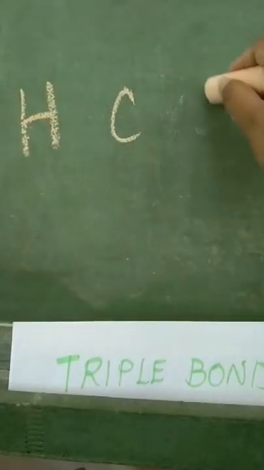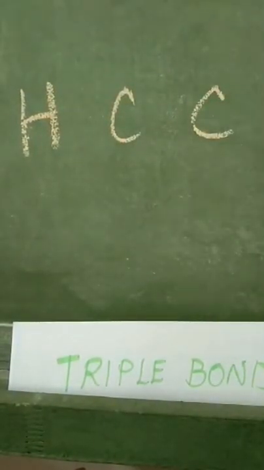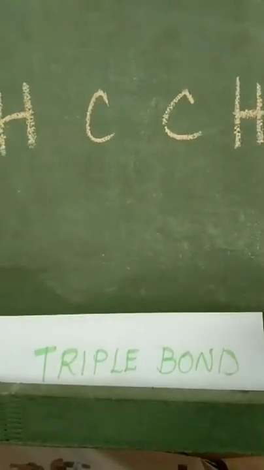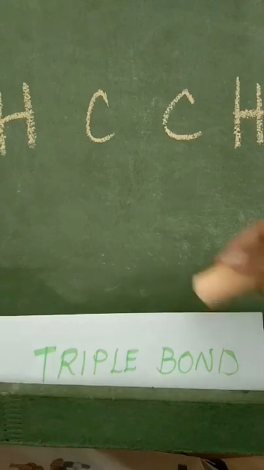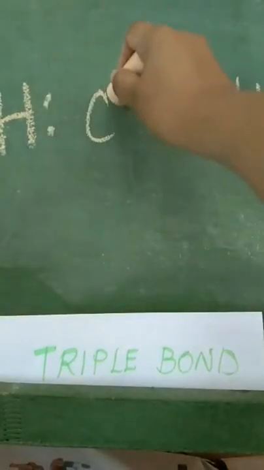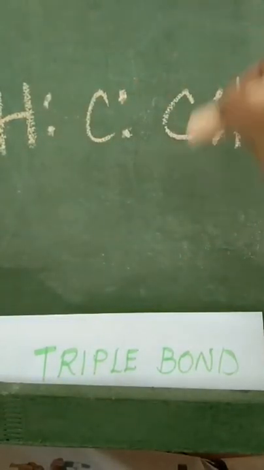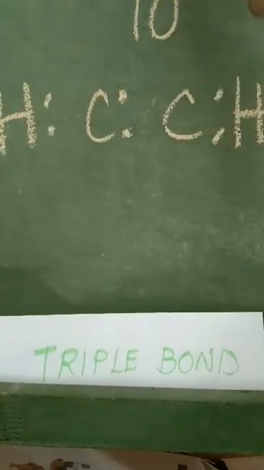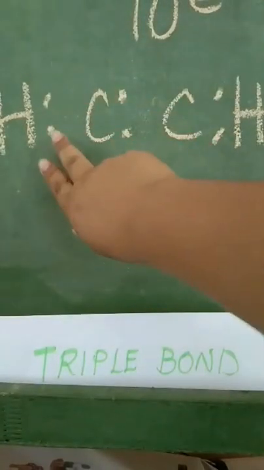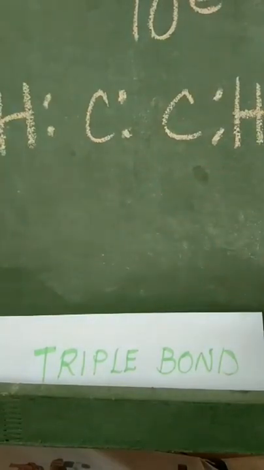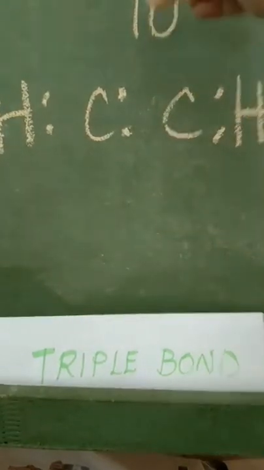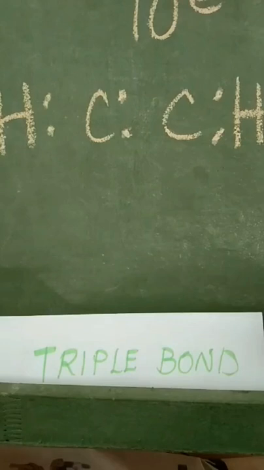Then assign 2 electrons to each bond, 1, 2, 1, 2. Our total electrons is 10. When we count this, 2, 4, 6, we already have 6 electrons, and we need to put another 4 electrons.